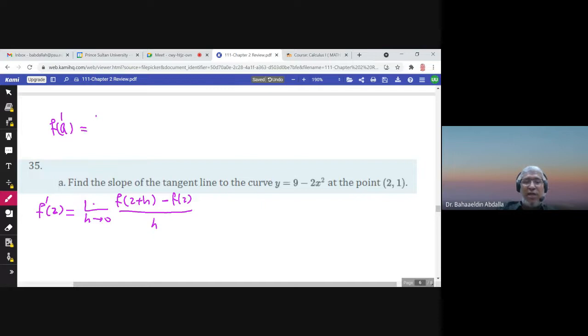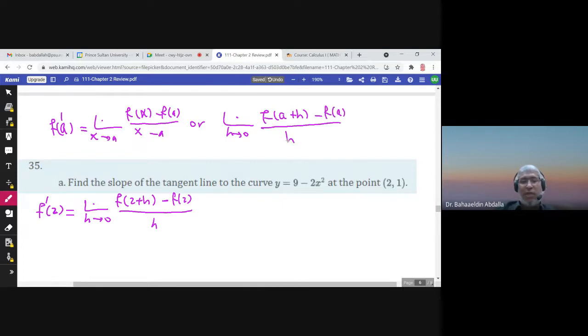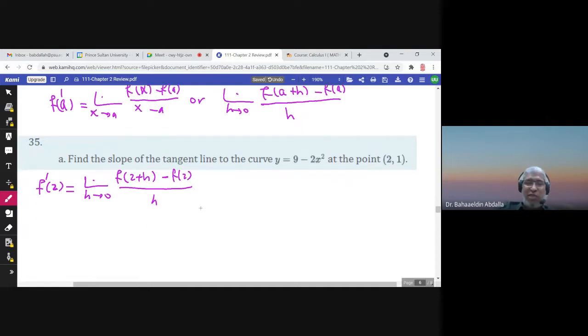Either it is the limit when x approaches a of f of x minus f of a over x minus a, or the limit as h approaches 0 of f of a plus h minus f of a over h. So I'll use the second one here. You can use the first, it's okay, it will give you the same answer.